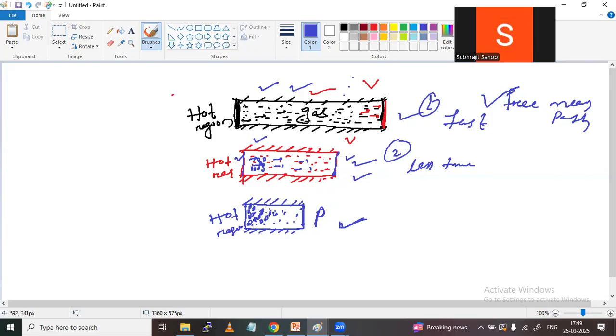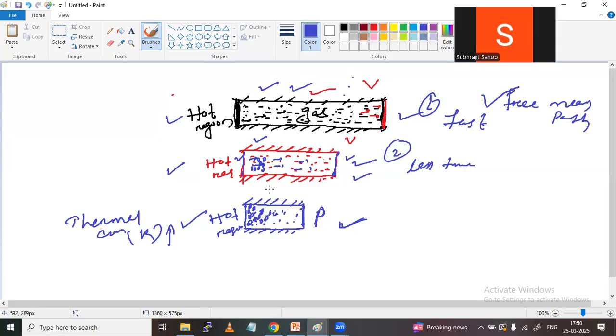So pressure is more, and since the heat transfer is done very quickly here, can I say the thermal conductivity K of this system is more compared to this one and this one? Why? Because heat transfer is done very effectively and very fast.